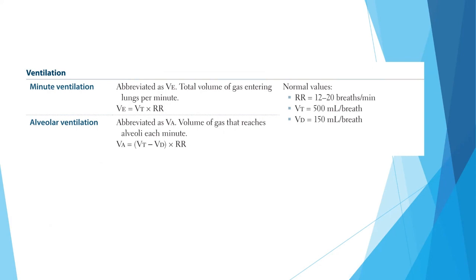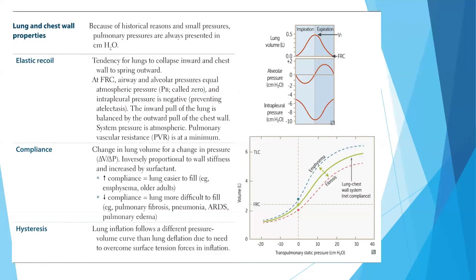When you multiply by the respiratory rate, then you get the alveolar ventilation. So for minute ventilation, you calculate everything, you do not subtract, and the alveolar ventilation is when you subtract, because there will be some air that will be left in the upper airways that will not reach the alveoli.